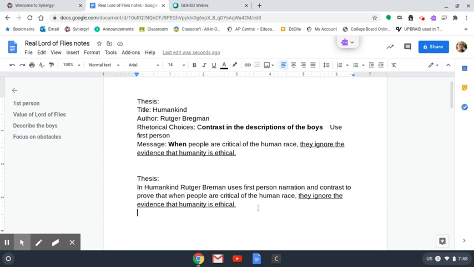Now, if you're going to write an entire essay, well, then you're going to write both rhetorical choices. So if you're going to write an entire essay, there is body paragraph 1, there is body paragraph 2. If all I'm asking you for is one body paragraph, which one are you going to write?